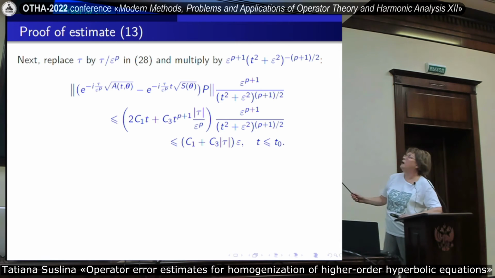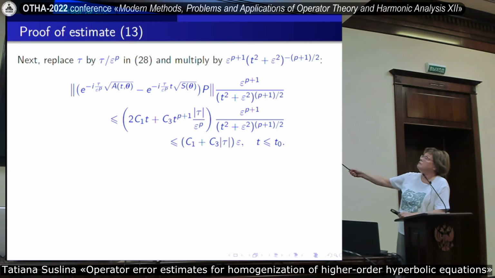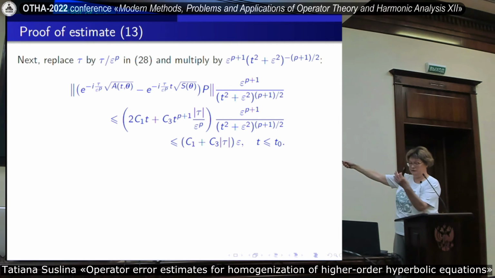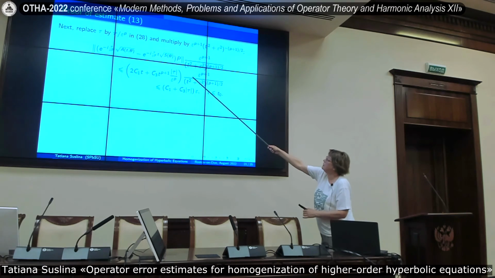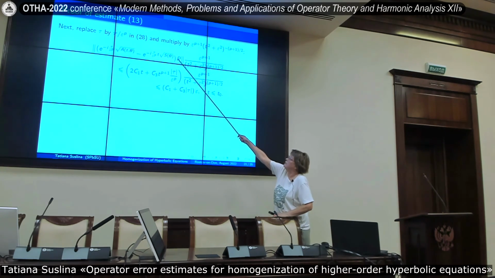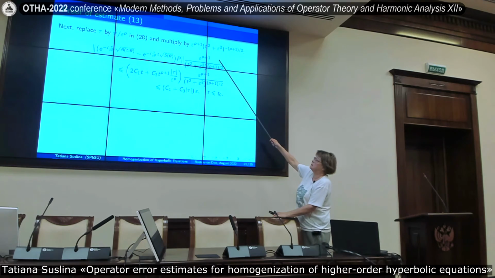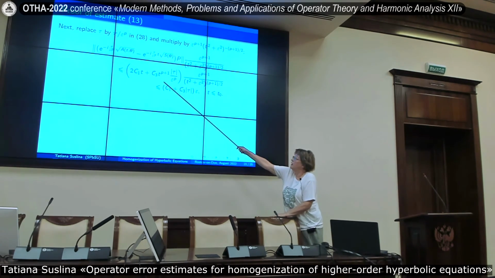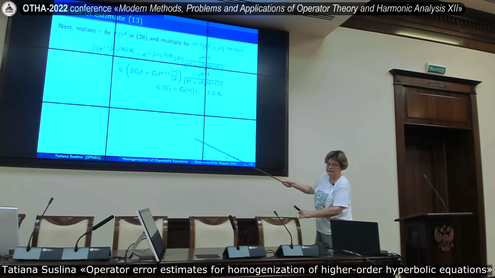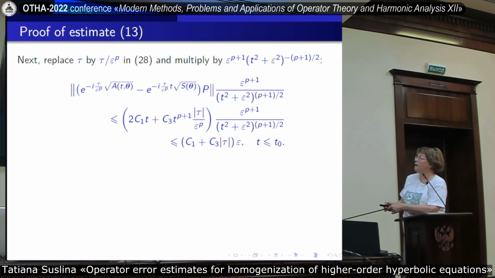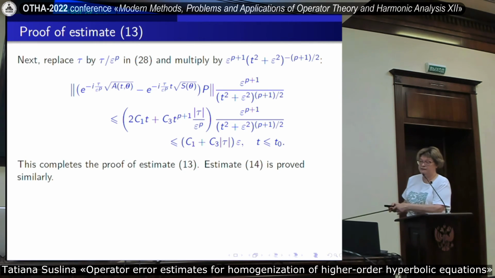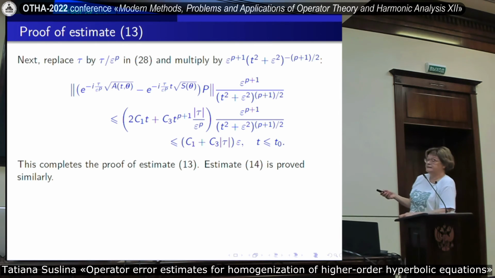Now recall that we have to replace tau by tau divided by epsilon to the power p using our reductions. And also we have to multiply this norm by the smoothing factor. And then we immediately arrive at the required estimate. So this completes the proof of the estimate for the operator cosine. The second result for the operator sine is proved similarly.